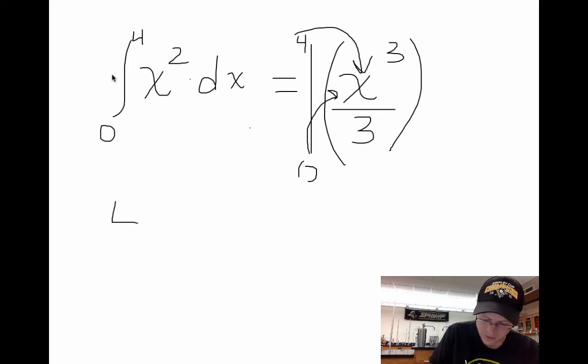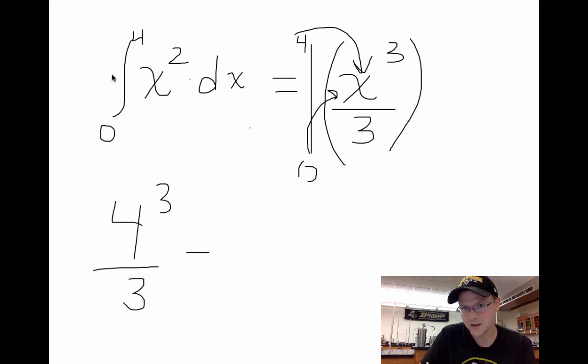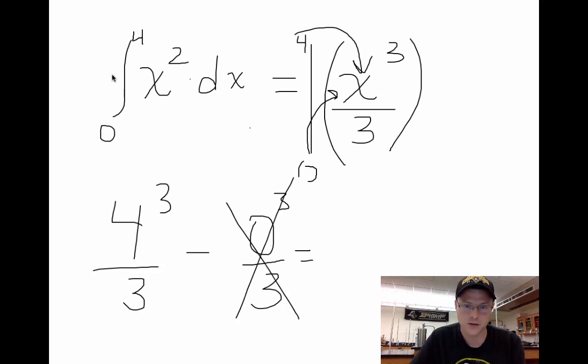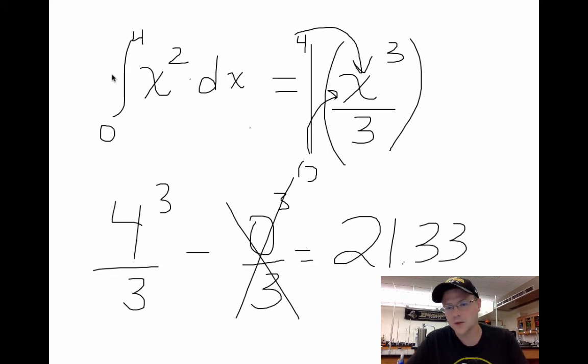So what I'll do is I'll do 4 cubed over 3, and you subtract the difference between your two bounds, 0 cubed over 3. And you can see, well, this side's going to be real easy. 0 cubed over 3 is going to be nothing. 4 cubed over 3 ends up being about 21.3. And that's how you evaluate a function using your bounds or limits.